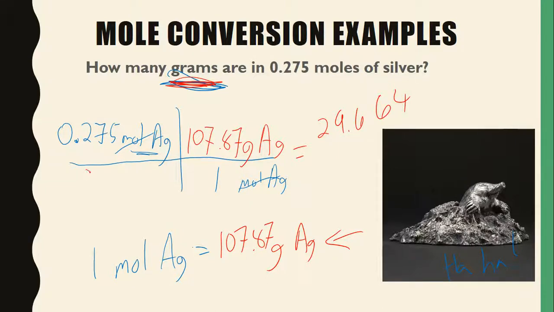You may recall this has 3 significant digits, and this number has 5 significant digits. So our answer needs to have 3 significant digits, so that would be 29.7 grams.